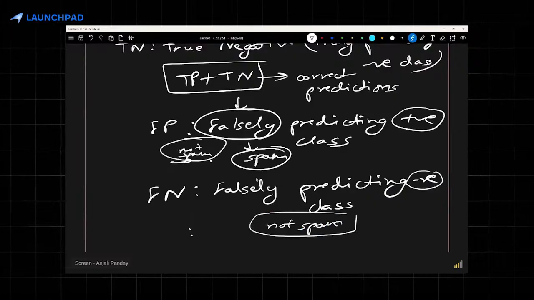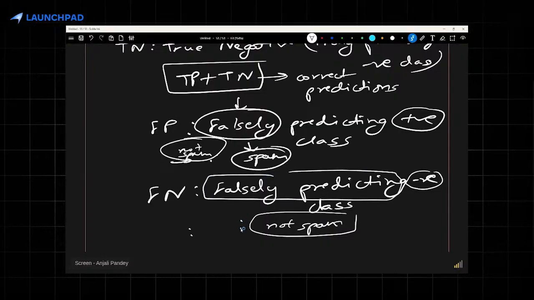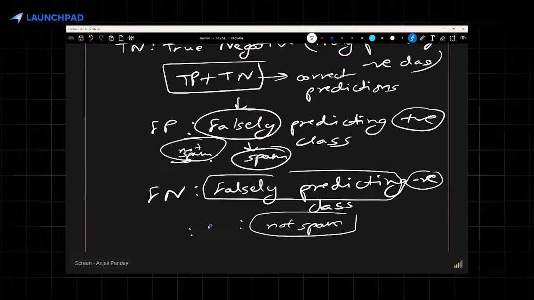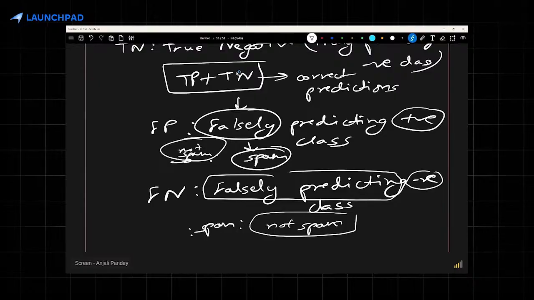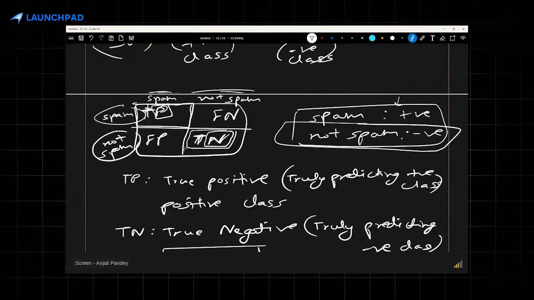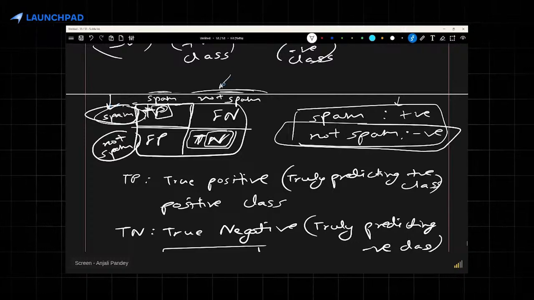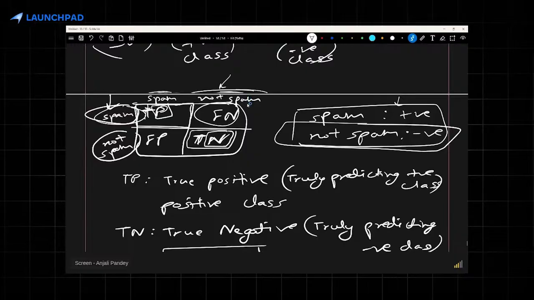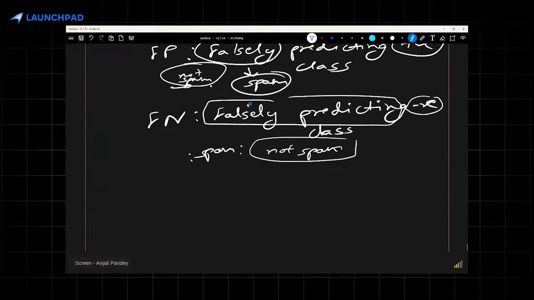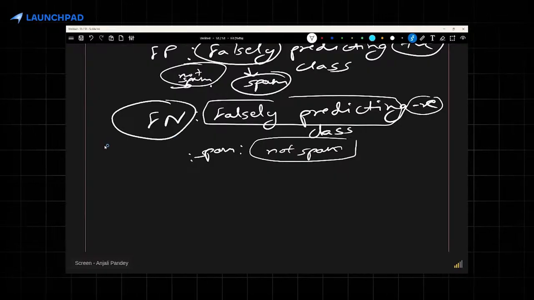And if I'm saying that it's a false prediction, which means that the actual value would be exactly opposite of this. So the actual value would be spam. So in your confusion matrix, here, spam to not spam. This is your actual value. This is your predicted value, right? So this is your false negative, spam, not spam. This is how you can easily identify and relate these terminologies in your confusion matrix.